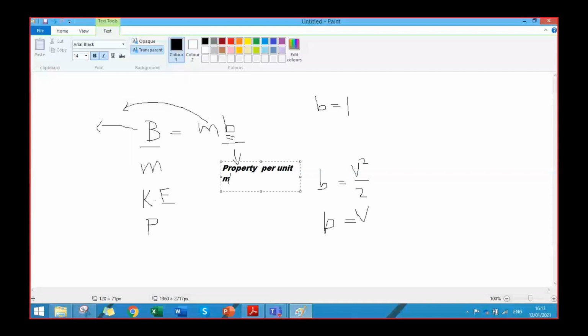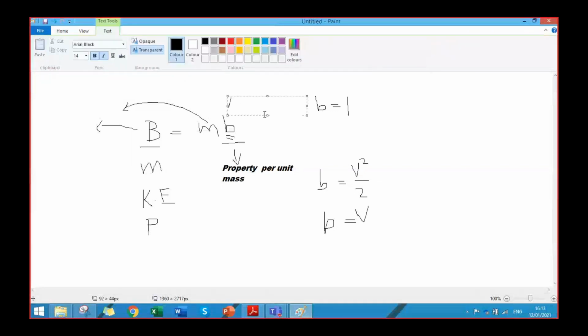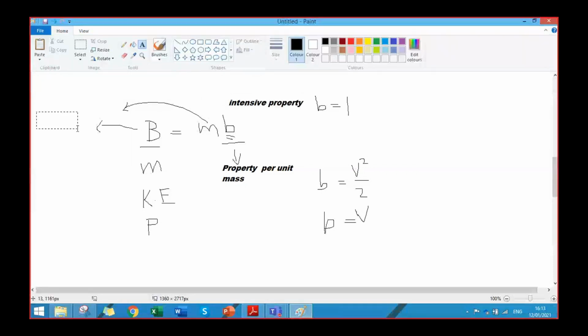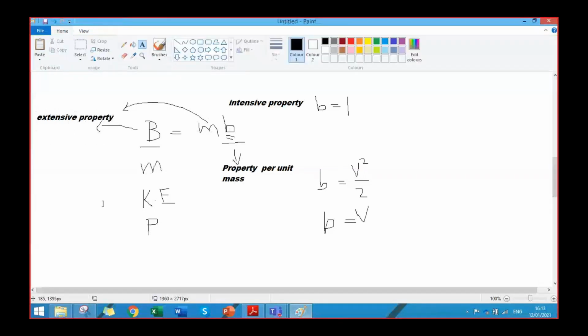So it is the intensive property. Small b is an intensive property of the system or the control volume. And capital B is an extensive property because it is always dependent on the mass. If mass changes, this property will change. Clear?